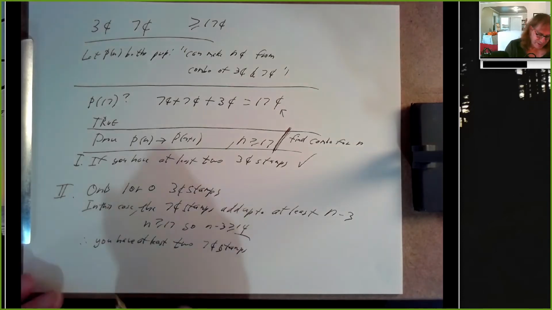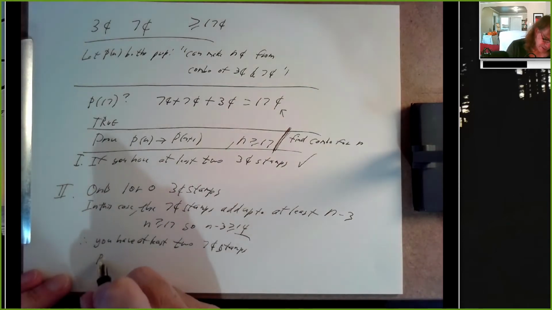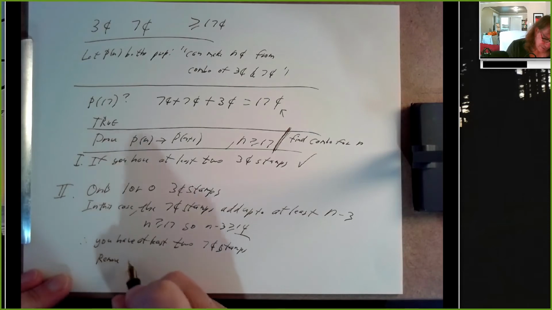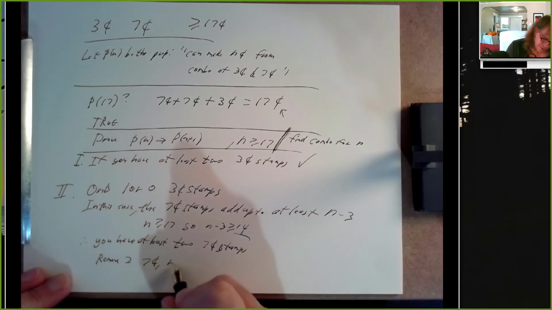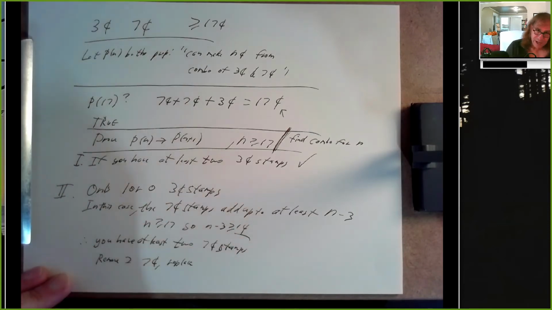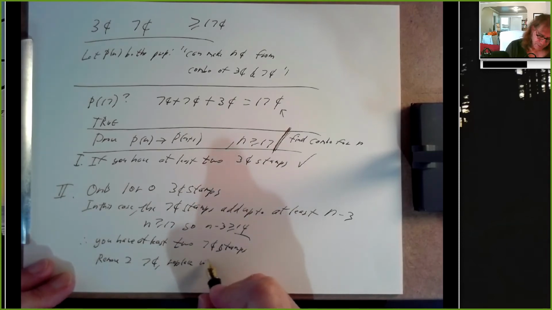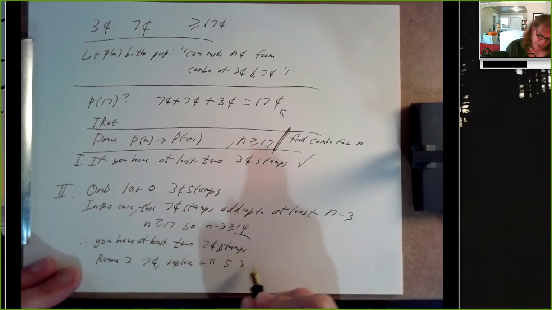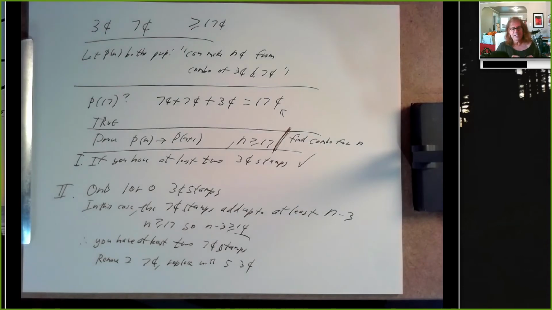Alright, if you have at least 2 7 cents, remove 2 7 cents. That takes down 14 cents of postage. Replace that with 5 3-cent stamps. That adds 15 cents. Your postage has gone up by 1. So take off 2 7s, add 5 3s, and now your total postage is n plus 1.